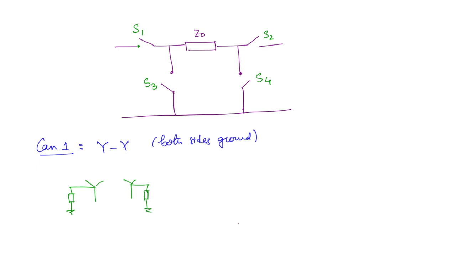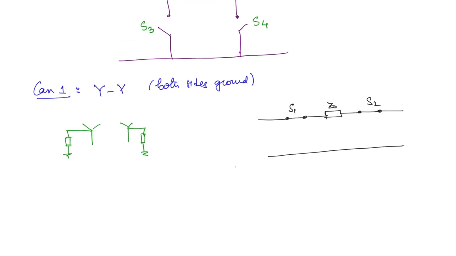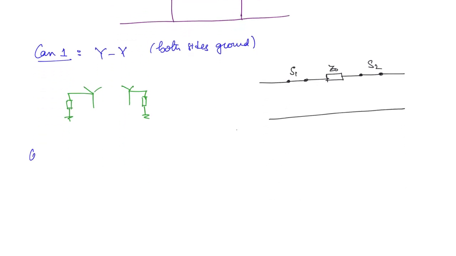So the zero sequence network is going to be: this is S1, this is the zero sequence impedance, and S2 is also closed. S3 and S4 will be open.